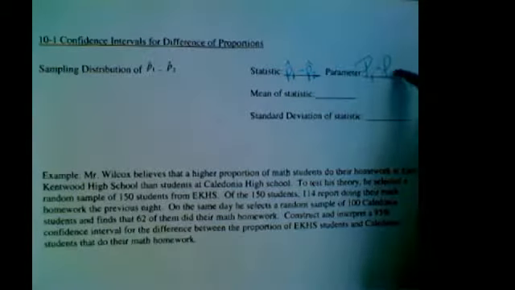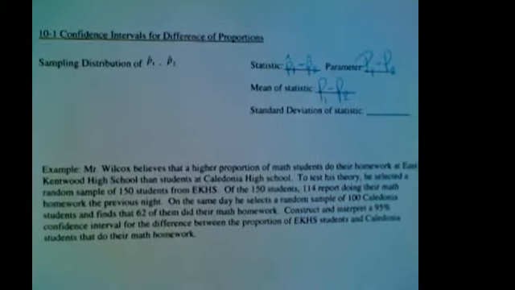If you were to do all of the samples of size n of p hat sub 1 minus p hat sub 2, the true mean would show up in the middle. And the true mean would happen to be the actual true difference in proportions. So your mean here will be the true population proportion, the first one minus the second one.